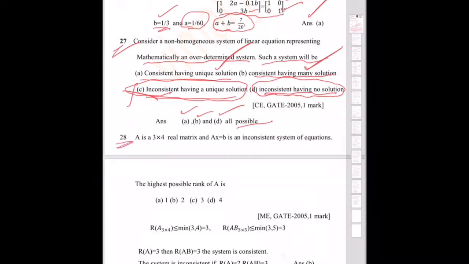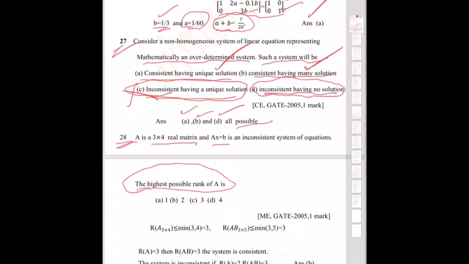Then question number 28. A is a 3 by 4 real matrix and Ax equal to B is an inconsistent system of equations. The highest possible rank of A is, A is a 3 by 4 matrix.